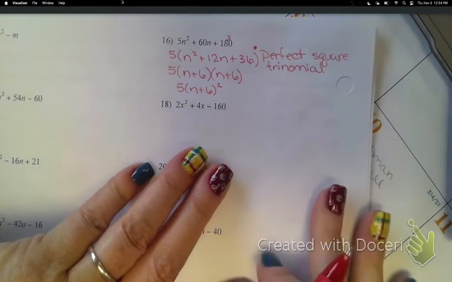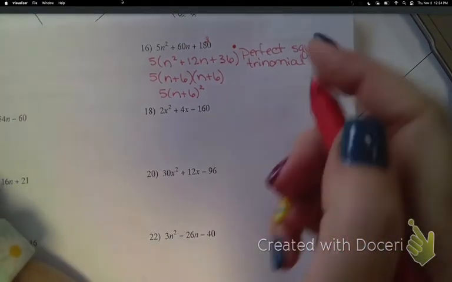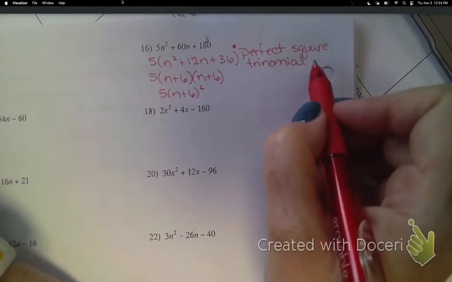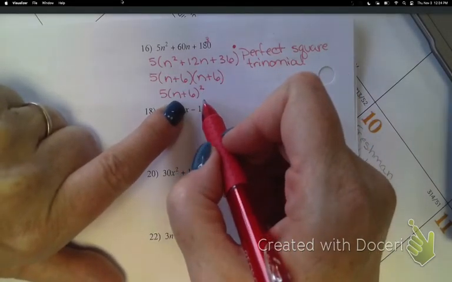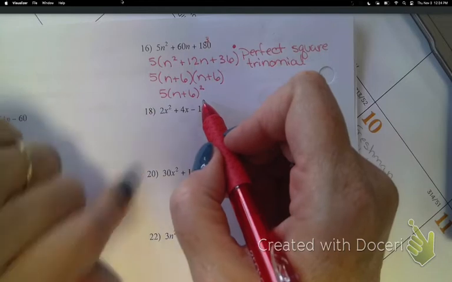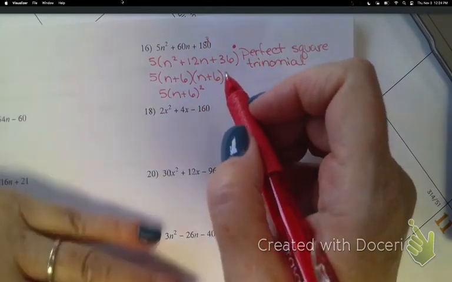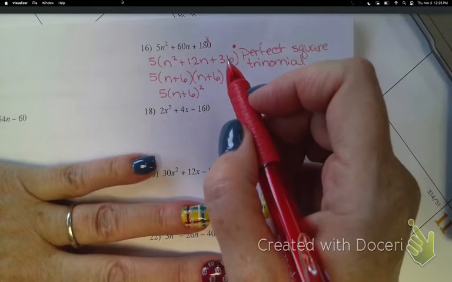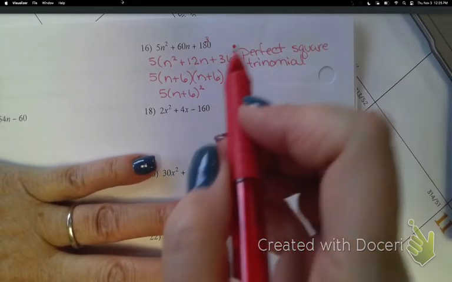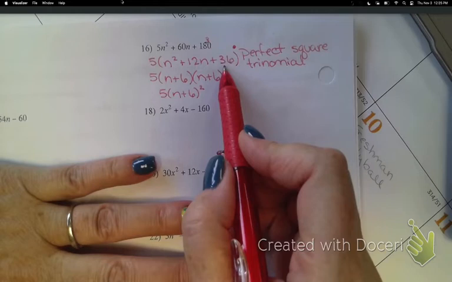Perfect square trinomial, because when we factored it, what did we have? Did we have a perfect square? Yes. Now, this is how you can tell if it is a perfect square. What is the square root of 36? 6. Is 12 double that?